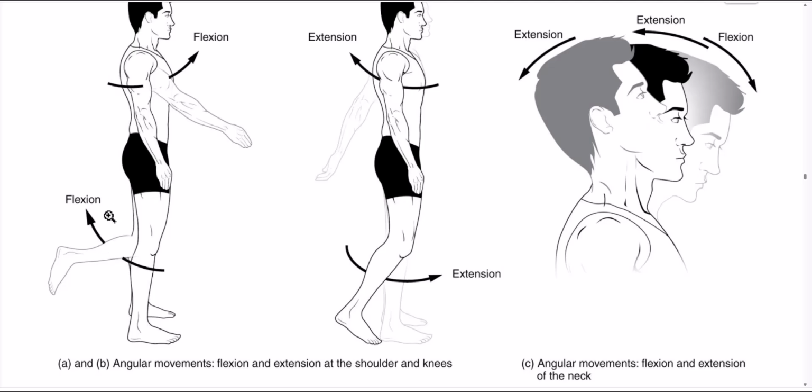So flexion simply means a decrease in the angle. So we see the angle changing at the knee or the angle changing at the shoulder. And then extension is the opposite. So these all have the opposite words. Flexion, the opposite is extension.